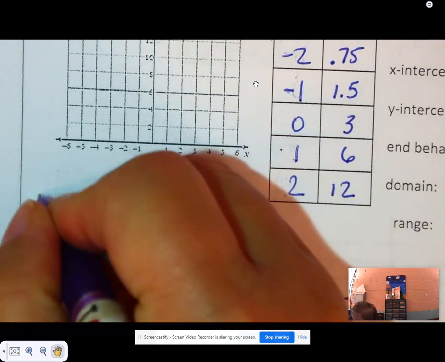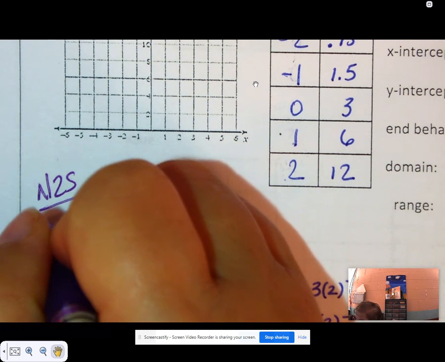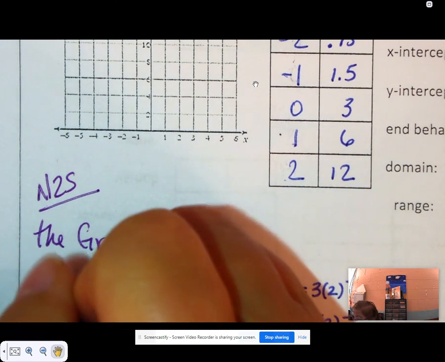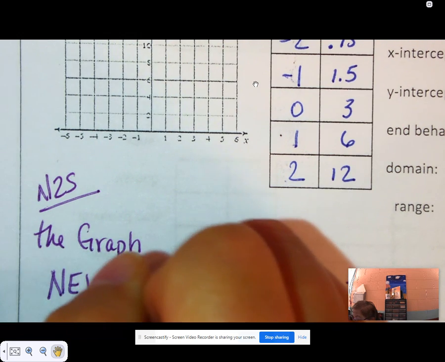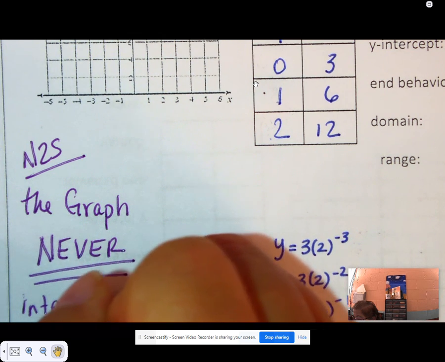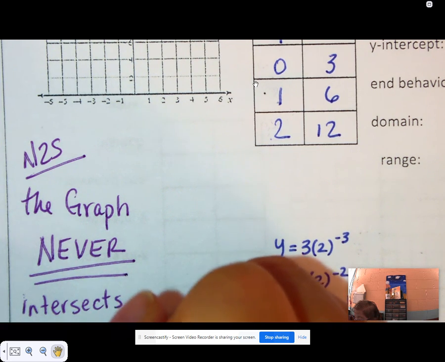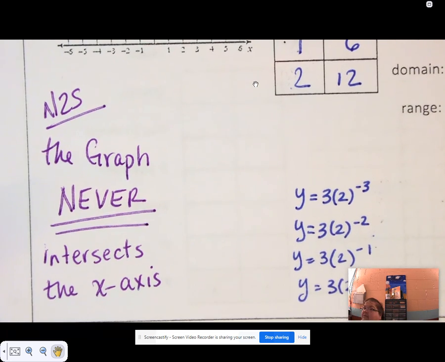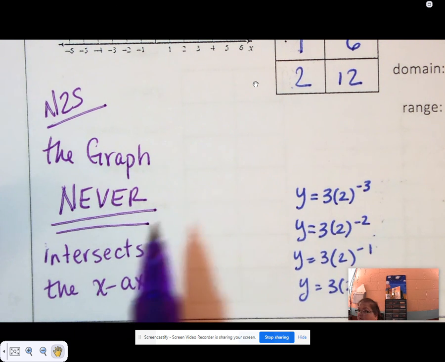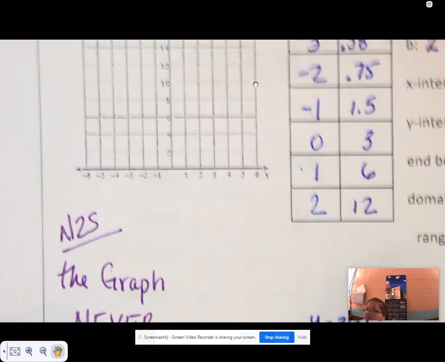Note to self: the graph never intersects the x-axis. It never intersects that x-axis. So when we graph this, we're going to make sure we do not touch that x-axis. So let's do that now.